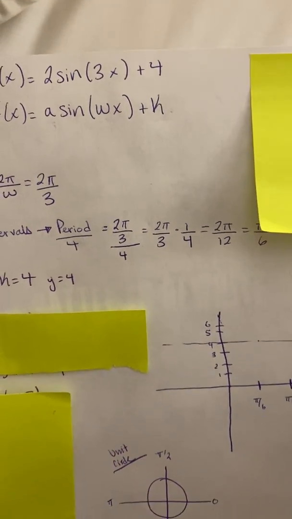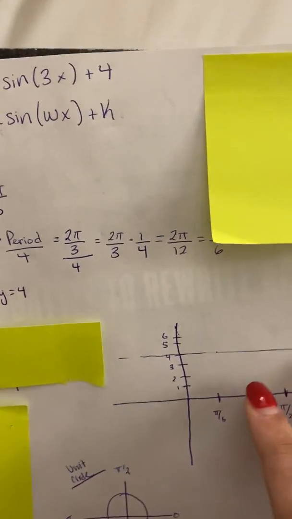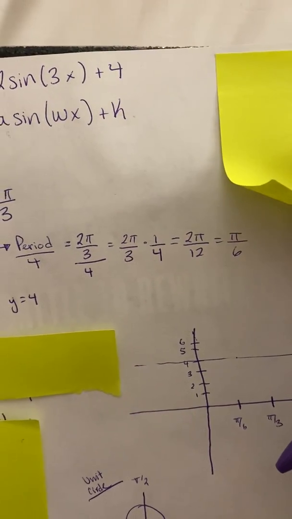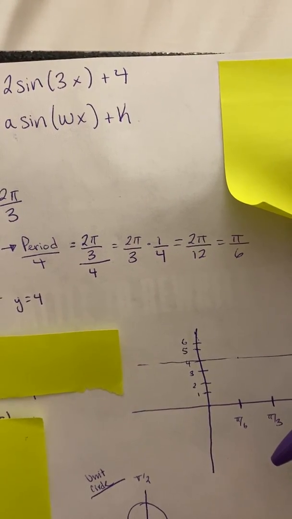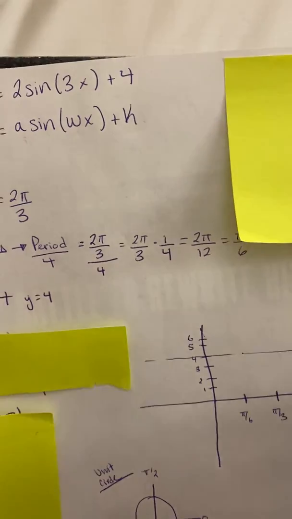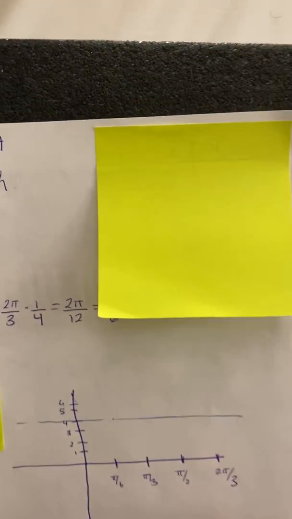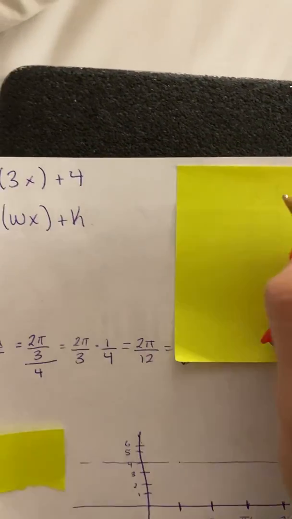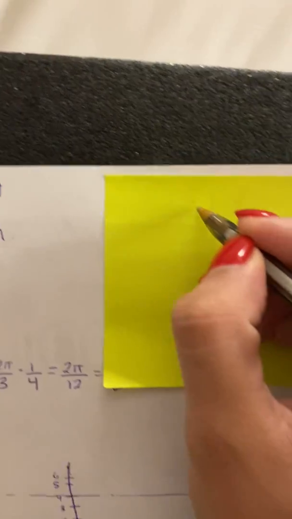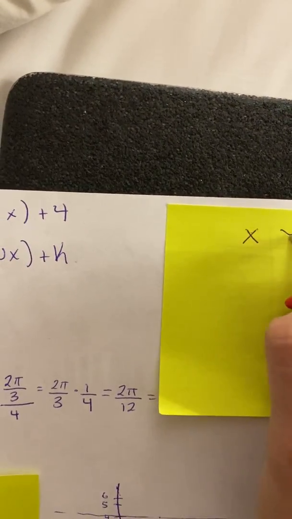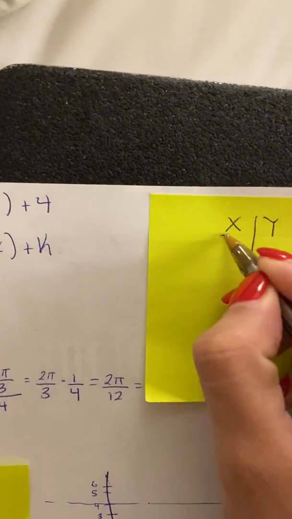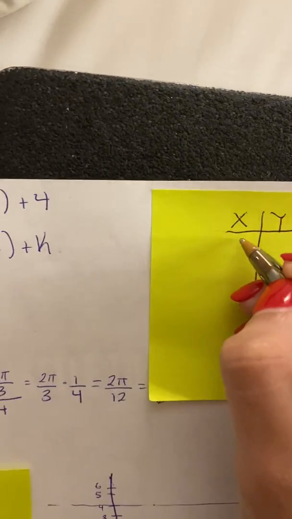We know that if we were to make a table, which we will, our intervals are going to increase by pi over 6 each time. And so then we have an XY table. I'm going to draw one right over this one. We know that our first point is 0.